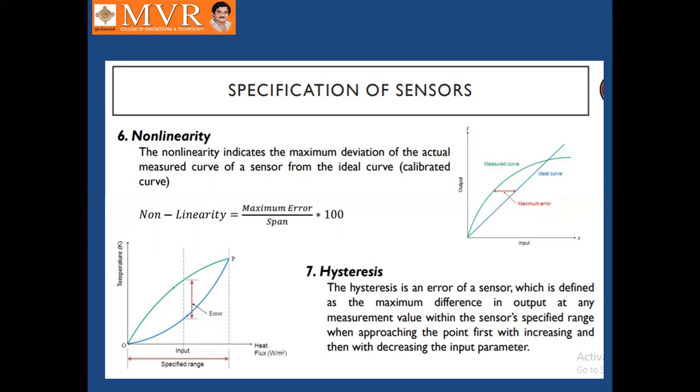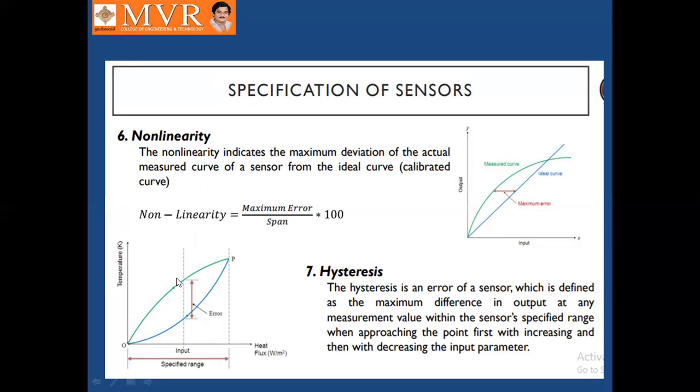And next, hysteresis. While doing the heating operation, this is the path taken by the sensor from 0 to a higher point, 100 degrees centigrade. While reversing, in the cooling process, the curve will go in this direction.